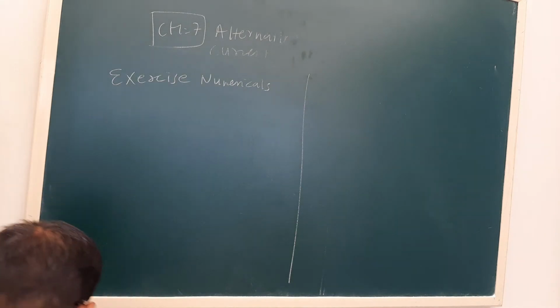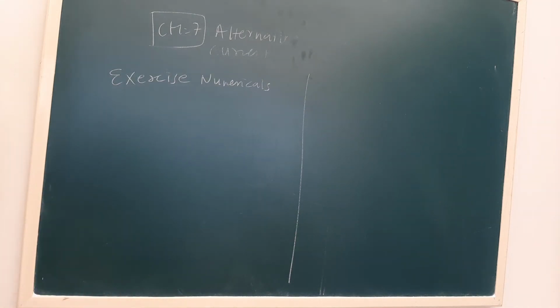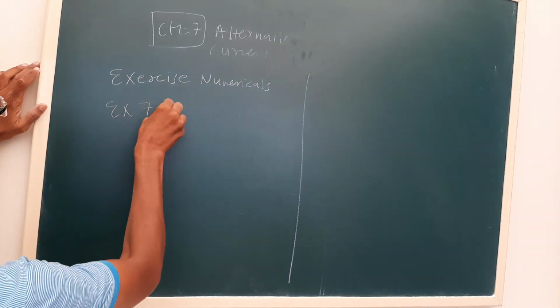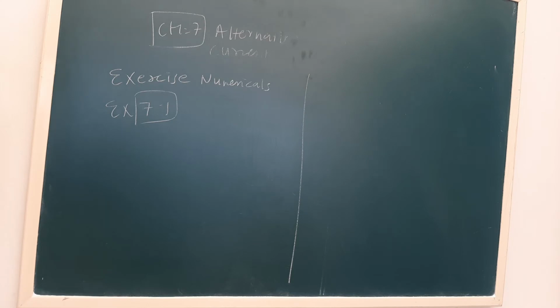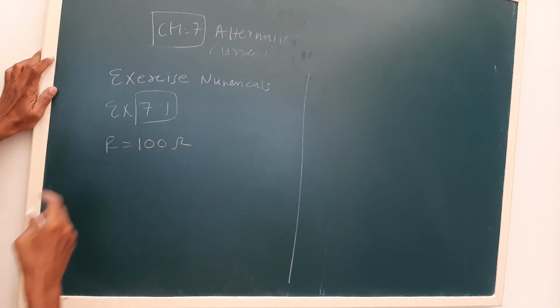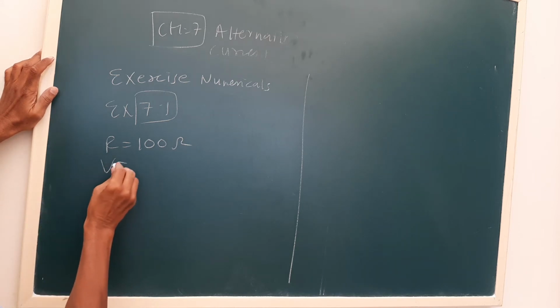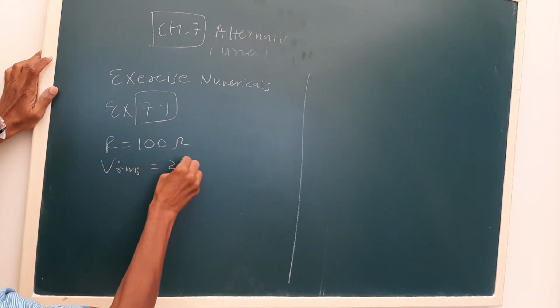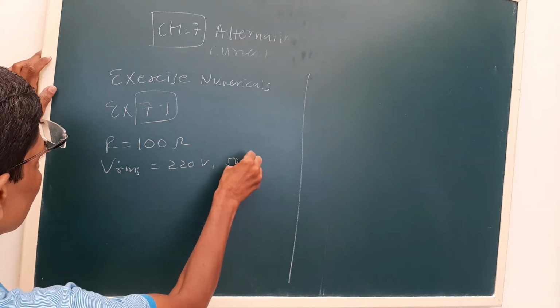Now see the question part. Exercise sum number 7.1. Now see, the question says a 100 ohm resistor is connected with an RMS voltage of 50 hertz.